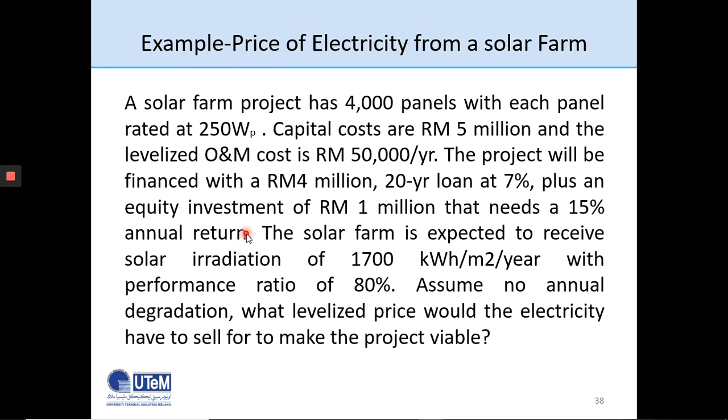So equity investment is basically you ask people to invest and you promise them a return of 15% per year. Capital venture companies invest in your company and you need to provide them with 15% annual return. The solar farm is expected to receive this amount of irradiation and a performance ratio of 80%. Assume no annual degradation, what will be the LCOE value to make the project viable?